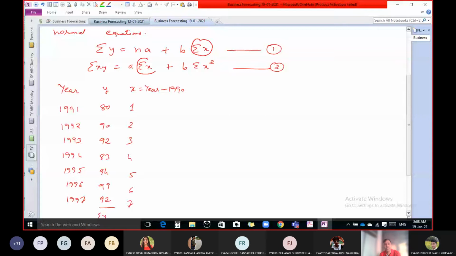We get the direct value of a from equation 1 and the direct value of b from equation 2. So the values of a and b are very easy to calculate if sigma x is 0, and it is always possible to convert x in such a way that we get sigma x equal to 0.